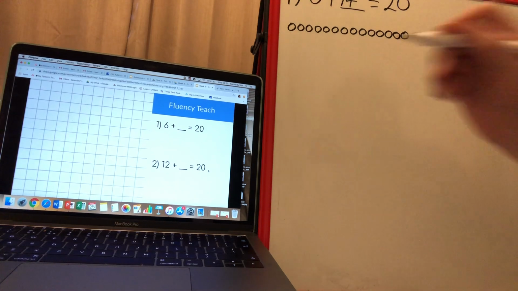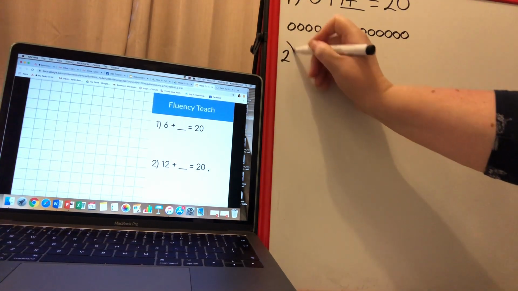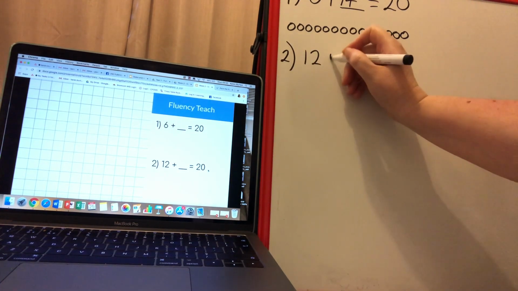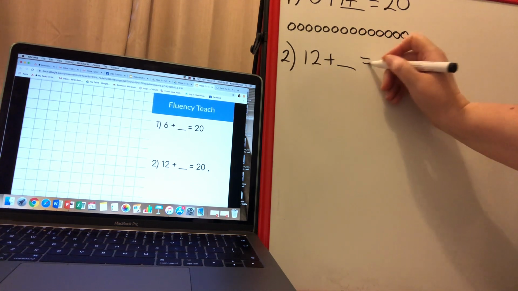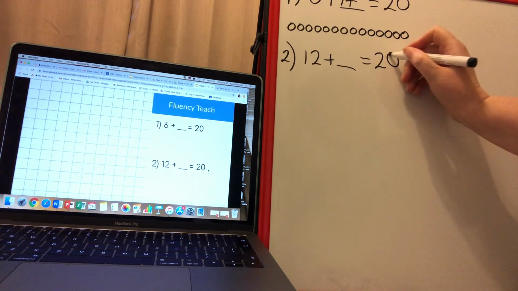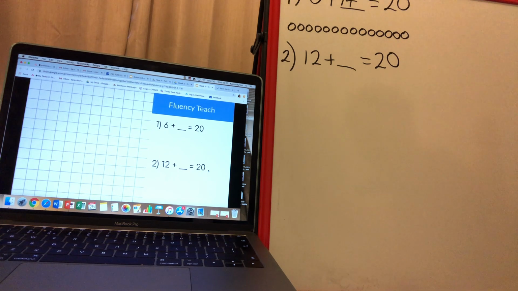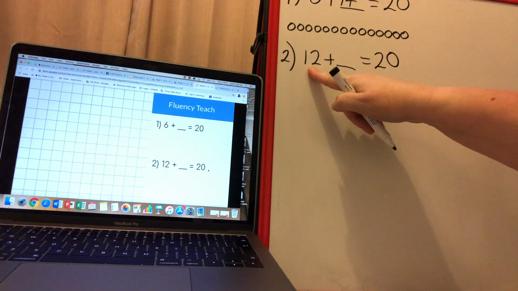Okay, question 2. 12 add something equals 20. Okay, I'm going to do this silently this time. Can you work out what I'm doing?